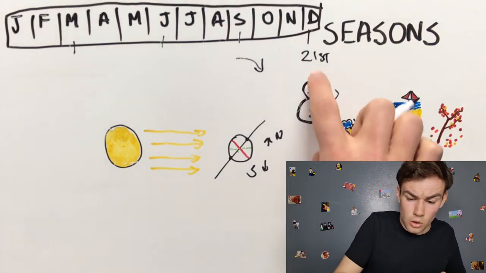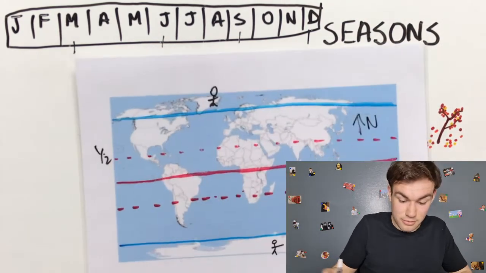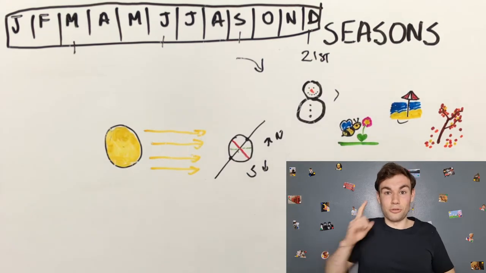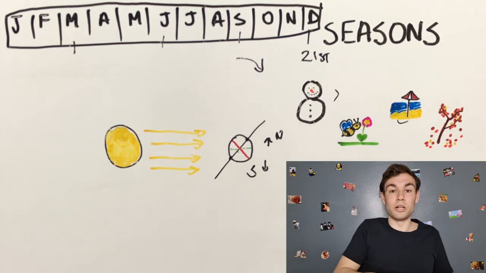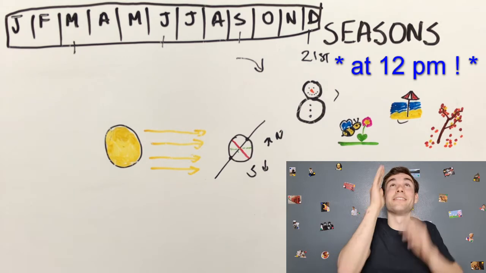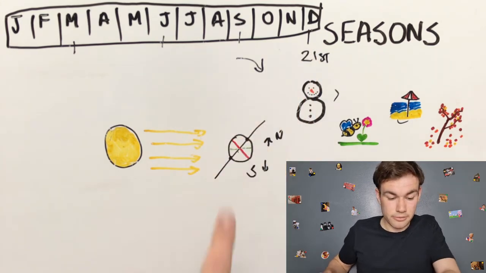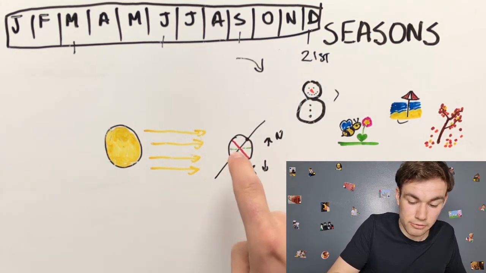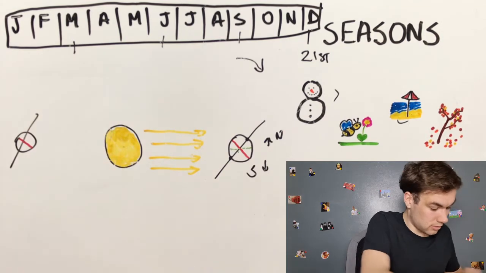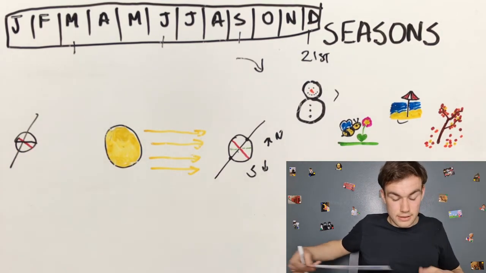So, on the 21st of December, if you are here and you look up, the sun will be directly above your head. So, on the 21st of December, the sun is directly above the Tropic of Capricorn, and the opposite, black this time, this black line is the Tropic of Cancer.